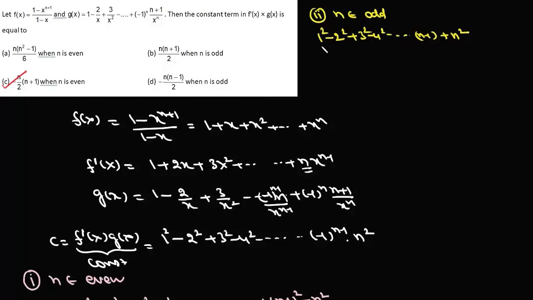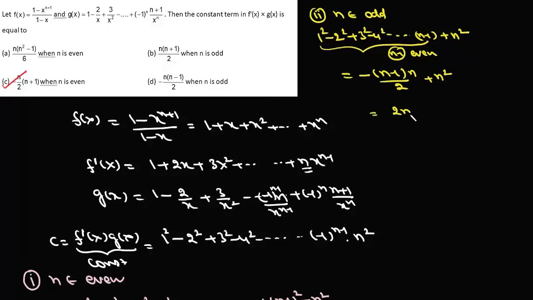Now here these terms from 1 to n minus 1 will form pairs, and n minus 1 will be even, and we know the sum for even. So this sum will be minus, and here in place of n we write n minus 1, so it will be minus (n minus 1) into n by 2 plus n square.